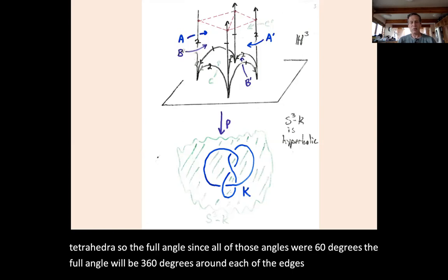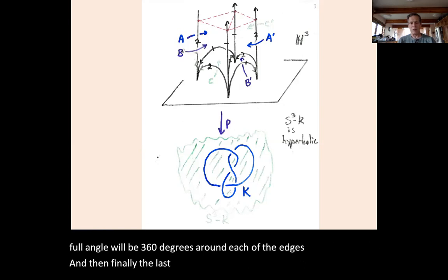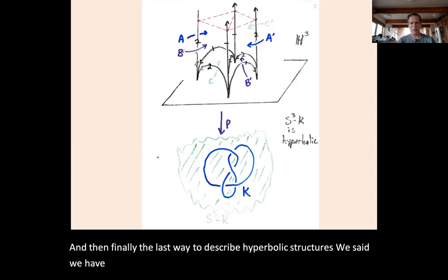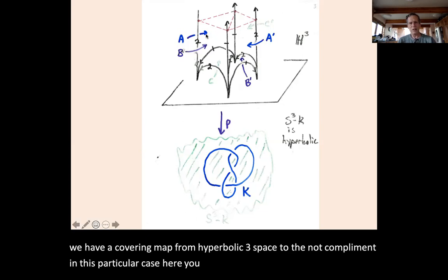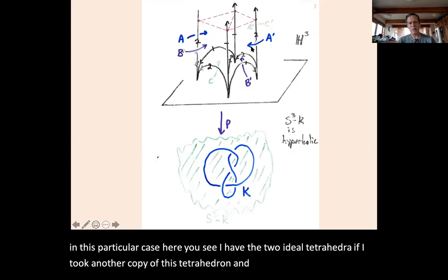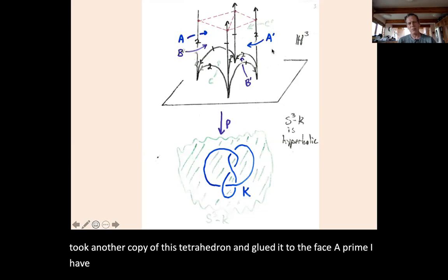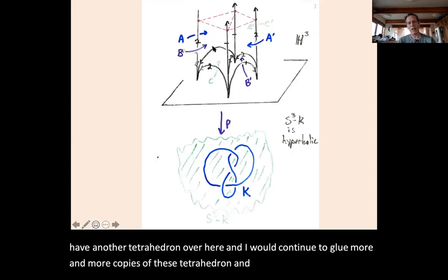Finally, the last way to describe hyperbolic structures, we said we have a covering map from hyperbolic 3 space to the knot complement. In this particular case, you see I have the 2 ideal tetrahedra. If I took another copy of this tetrahedron and glued it to the face A prime, I'd have another tetrahedron over here, and I would continue to glue more and more copies of these tetrahedra, and eventually I would tile all of hyperbolic space.